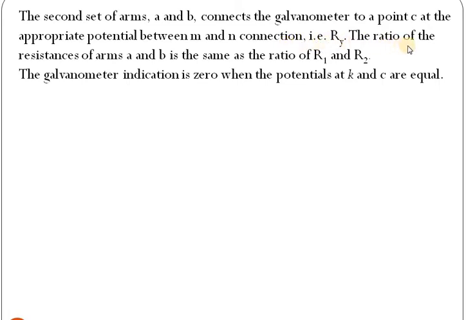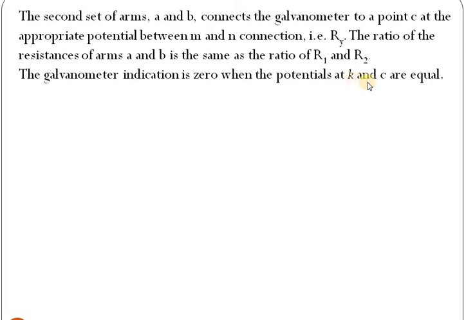The ratio of the resistance of arms small a and small b is the same as the ratio of resistors R1 and R2.